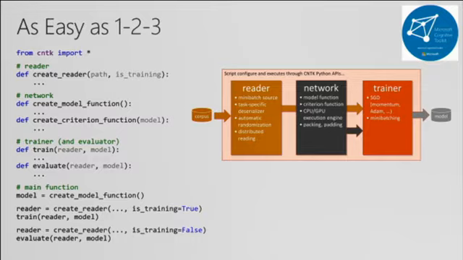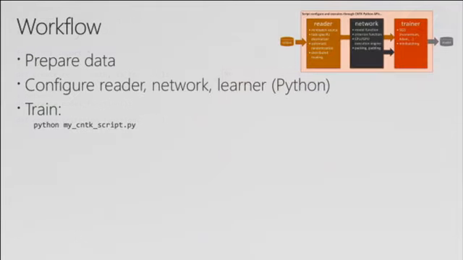After that, you define a train function that will do the training, and an evaluation function that will do the evaluation. The main function calls are: create a model, create a reader, do the training, create another reader for evaluation, and then do the evaluation. Once that is done, all you need to do is call Python on your script and you are ready to go.